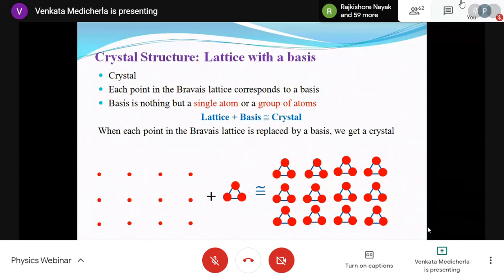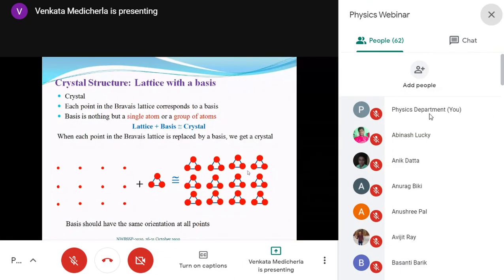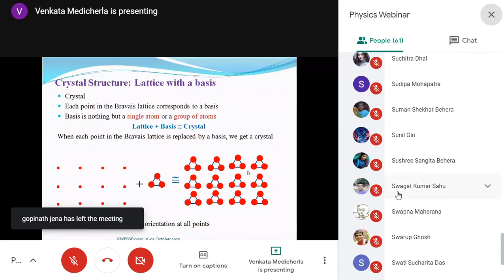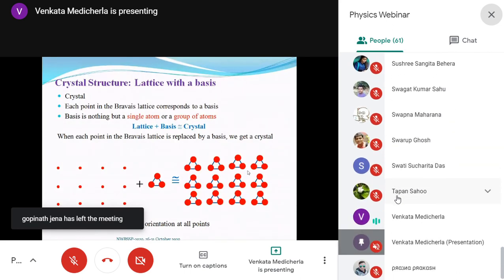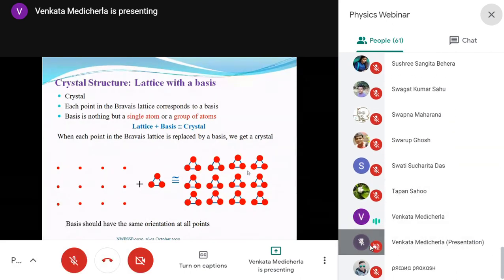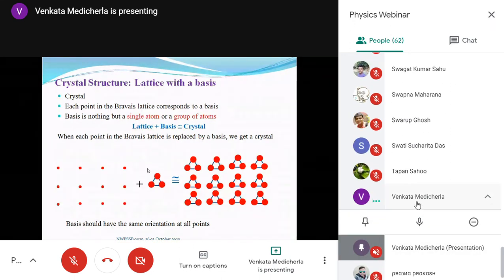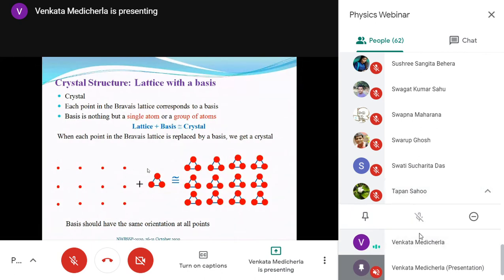But for all the theoretical studies, we assume the lattice. We take the lattice and do the things. For example, take X-ray diffraction. X-ray diffraction depends on the lattice, on how the planes are oriented. If you want to derive Bragg's law, you don't need the basis. Just lattice planes, and you can derive Bragg's law. Bragg's law simply tells you at what angle the reflection comes, but it does not say what the intensity of reflection is.